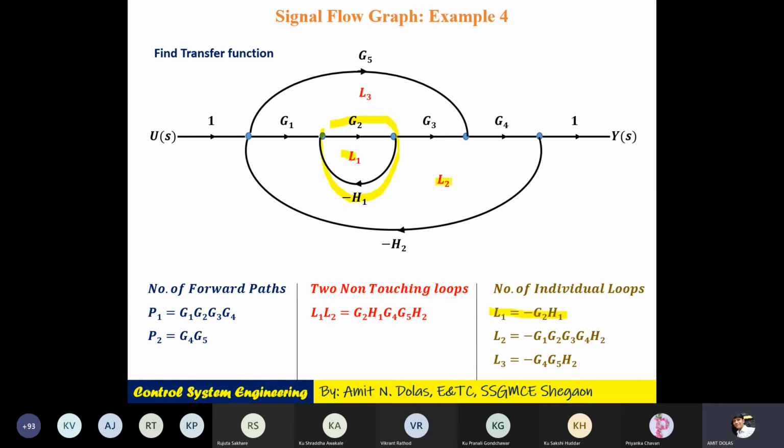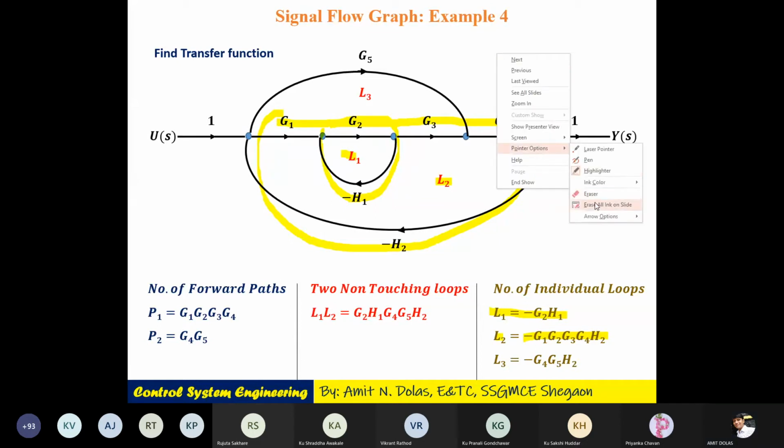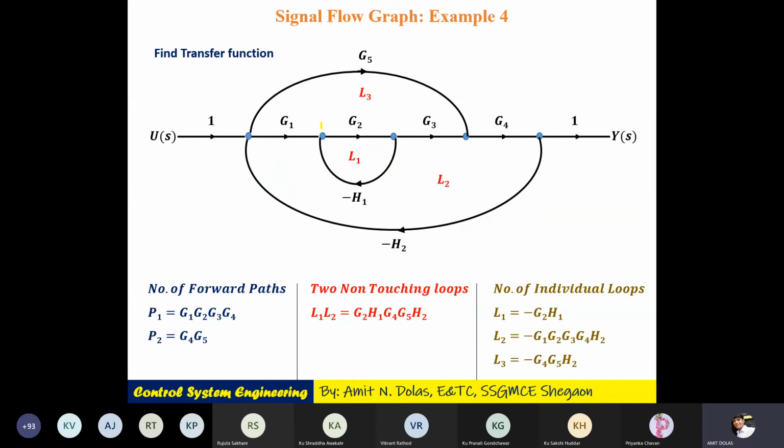Another loop is L2, this bigger one. It will be G1, G2, G3, G4 and minus H2. And the last is L3. L3 is what? It is G4.